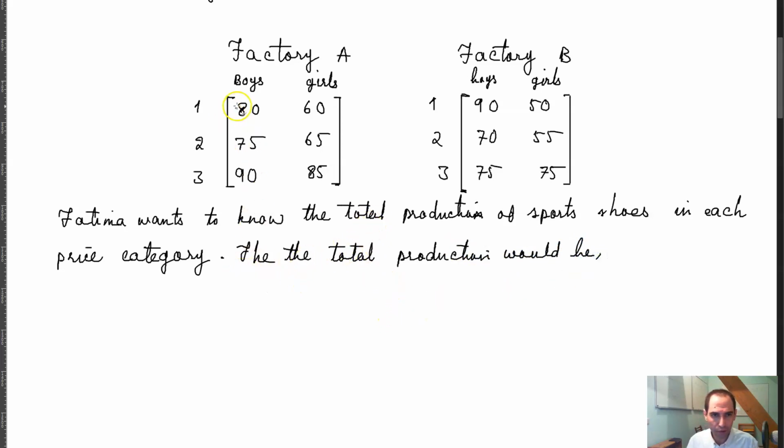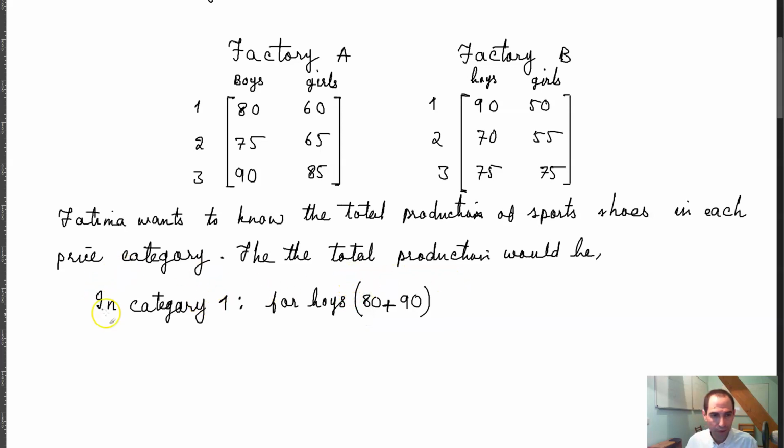Basically in category 1, for example, in category 1 we have for boys the production at factory A was 80 and at factory B was 90, so I can add 80 and 90 together, right?